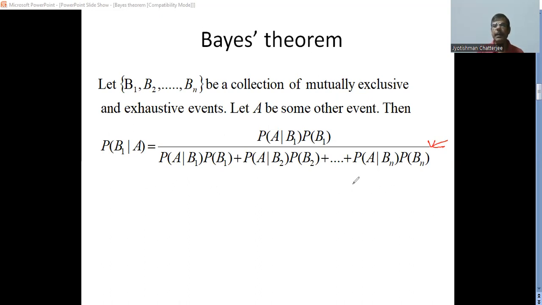Say, here is B1, B2, B3, B4, maybe up to B4 we have. So B1 to B4, suppose, is a collection of mutually exclusive and exhaustive events.